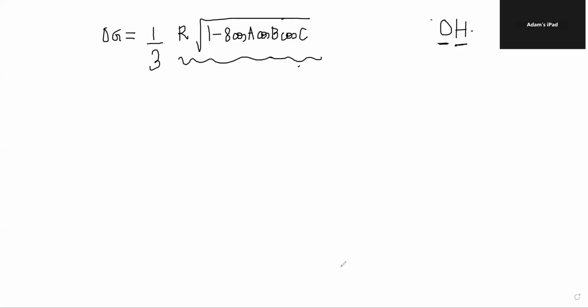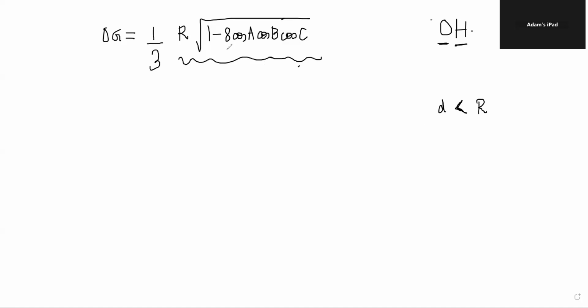Largest possible value of D in terms of OG. And we need to make mod of D less than R. Largest possible value.